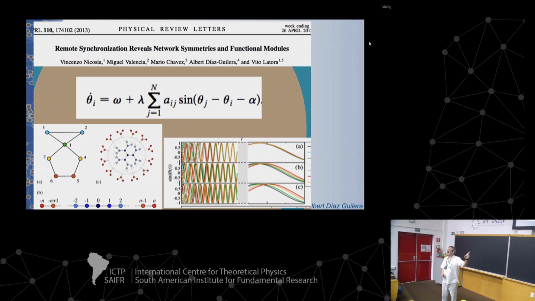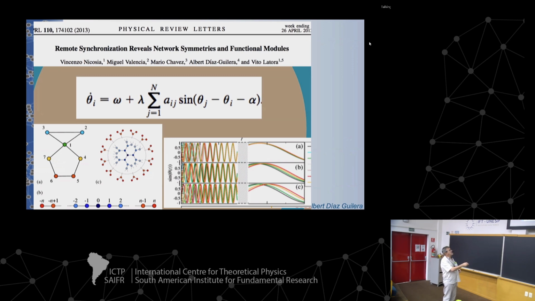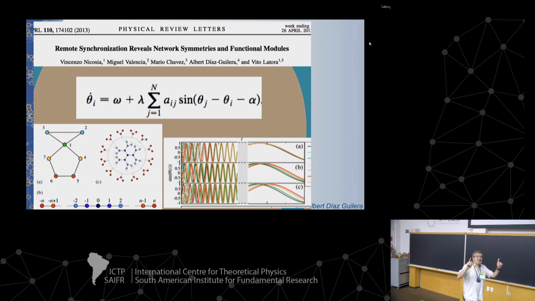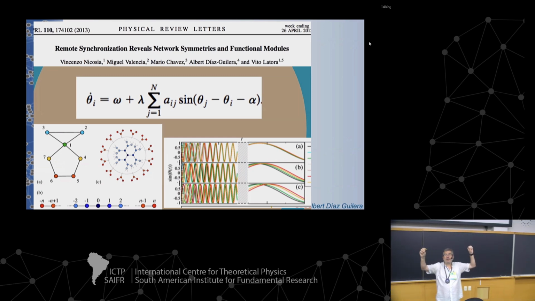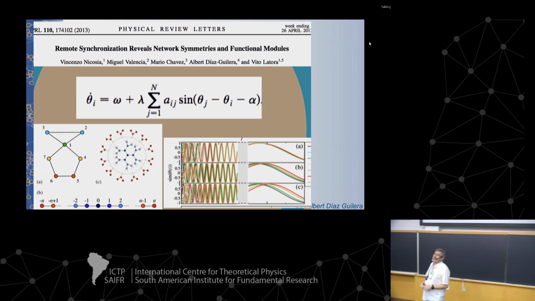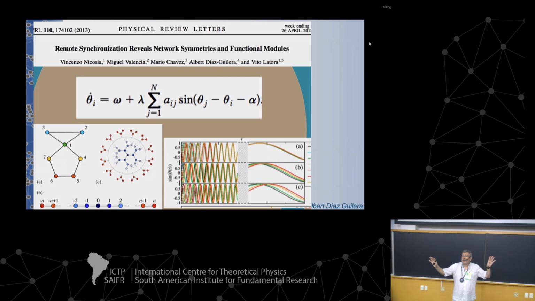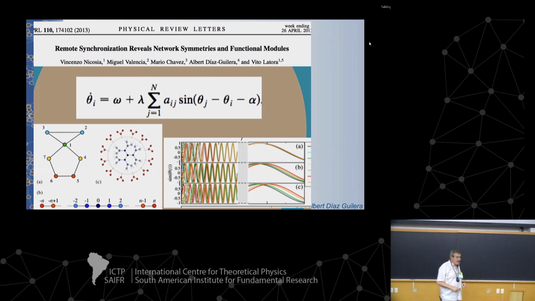Not exactly the same phase, but what we identify in these pictures is that nodes that are symmetric, even if they are not connected to each other, become synchronized. This is the reason we call this remote synchronization, in the sense that it was a way to promote synchronization between areas, between nodes that are far apart, but the nice point is that in this case they are symmetric.